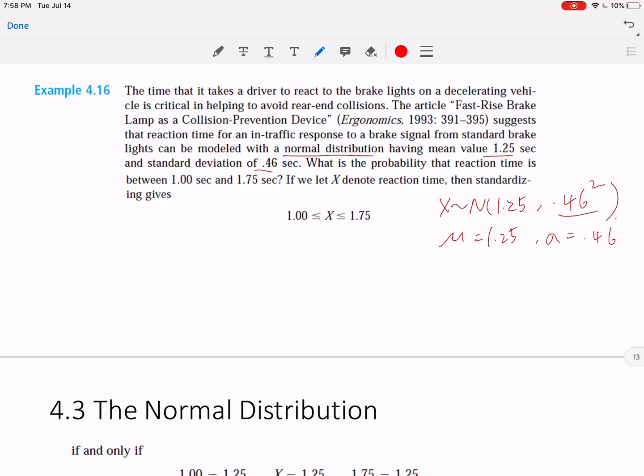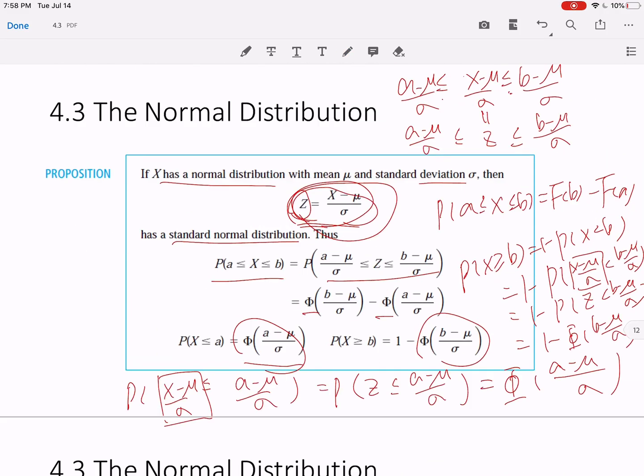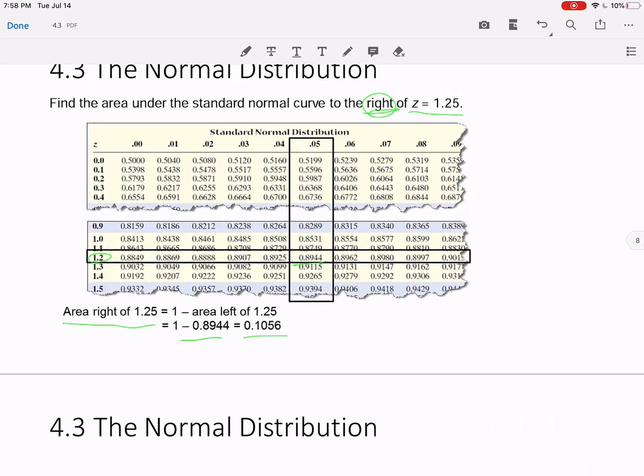And we want to find the probability that x is between 1 and 1.75. Once again, we cannot find the probability from a regular normal distribution because we are not able to integrate the whole PDF, as we showed over here.